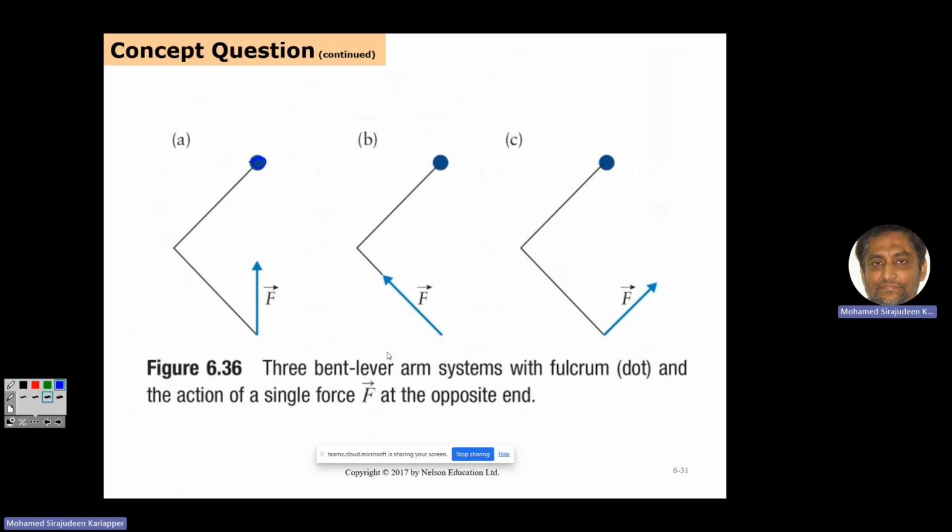This is the fulcrum where it is joined. So R is this, right? Let me use a different color. This is R, and this is F. R is not 0, F is not 0. So is there a torque?